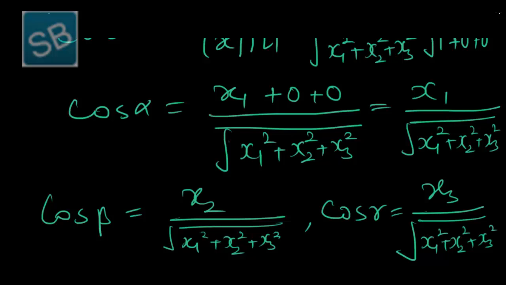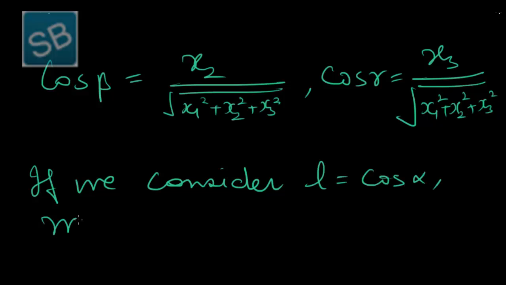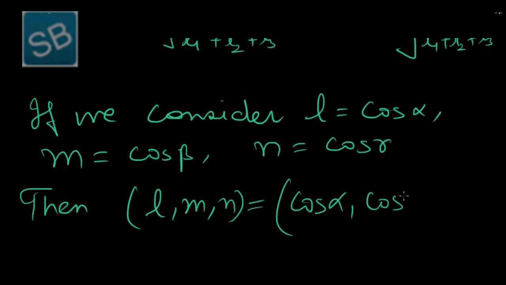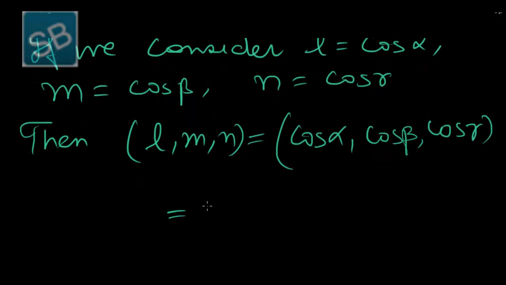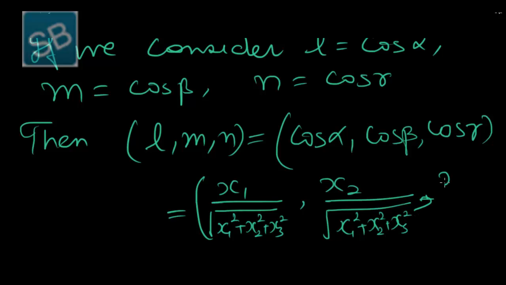Now, as we get cos alpha, cos beta, cos gamma, if we consider l equal to cos alpha, m equal to cos beta, and n equal to cos gamma, then l, m, n is equal to cos alpha, cos beta, cos gamma, that is x1 over under root x1 square plus x2 square plus x3 square, comma x2 over the same root, comma x3 over the same root.